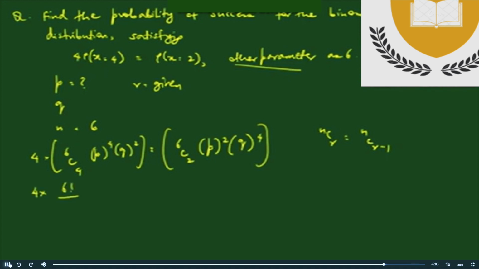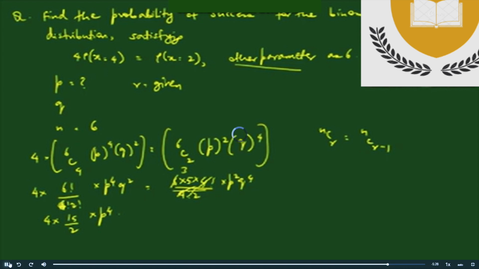4 into 6 factorial by 4 factorial into 2 factorial into p to the power 4 into q to the power 2 equals, again the same thing, 6 factorial by 4 factorial into 2 factorial into p square q to the power 4. This is 6 into 5 into 4 factorial by 4 factorial into 2, which is 15 by 2. So 4 into 15 by 2 into p to the power 4 q square is equal to 15 by 2 into p square q to the power 4.